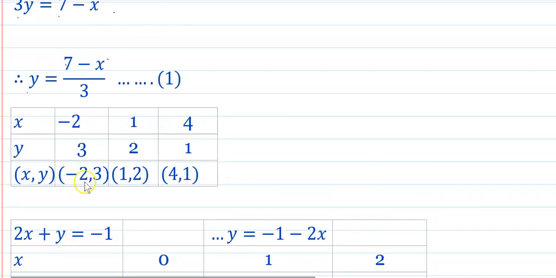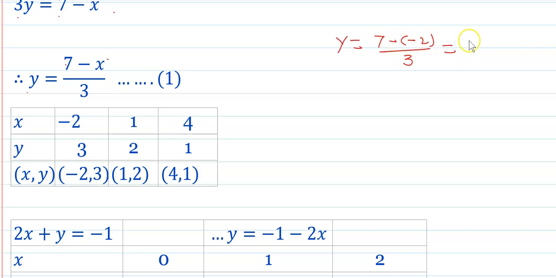Now first, what is the value of x? If we take x is equal to minus 2, then what about y? Y is equal to (7 minus (minus 2)) upon 3. Minus minus will become plus. 7 plus 2, you will get 9, 9 upon 3. Therefore y is equal to 3. When x is equal to 1, y is equal to (7 minus 1) upon 3.